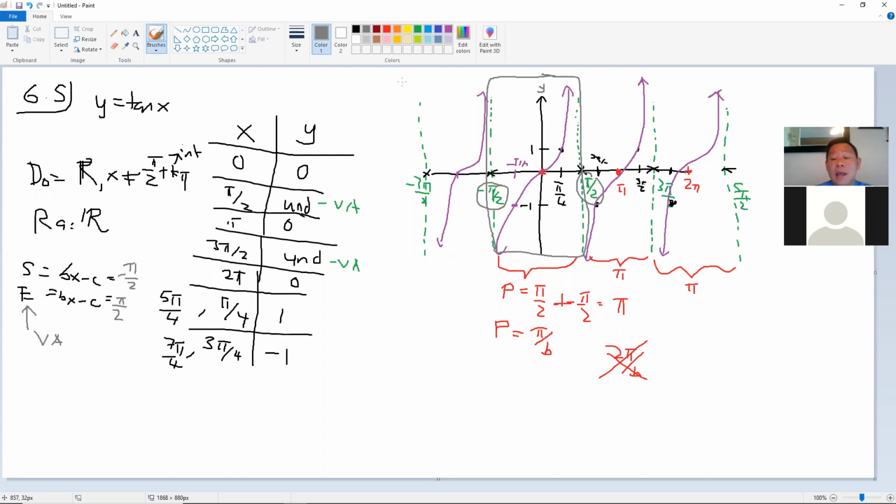Okay. The next thing we're going to talk about is your A, your amplitude. Your amplitude is the absolute value of A. So if your A is positive, you will get this graph, the cubic graph. So what happens if your A is negative?